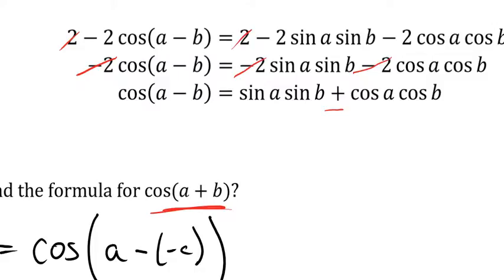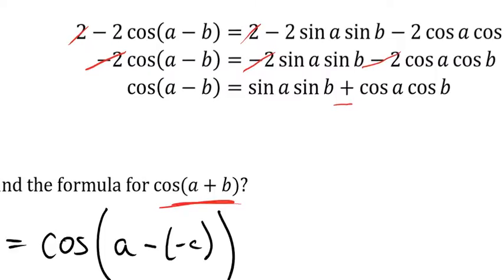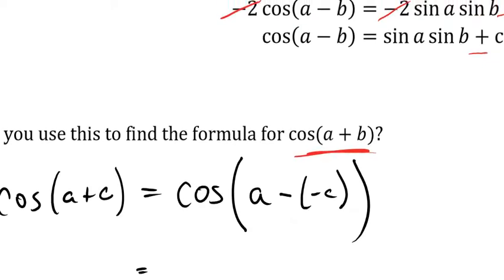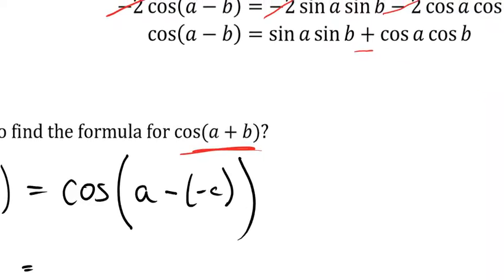So wherever you see a B, you actually put in negative B, or you put in a negative C, if you want to do that. And then think about it for a moment. I'll leave that there too so you can write it down.